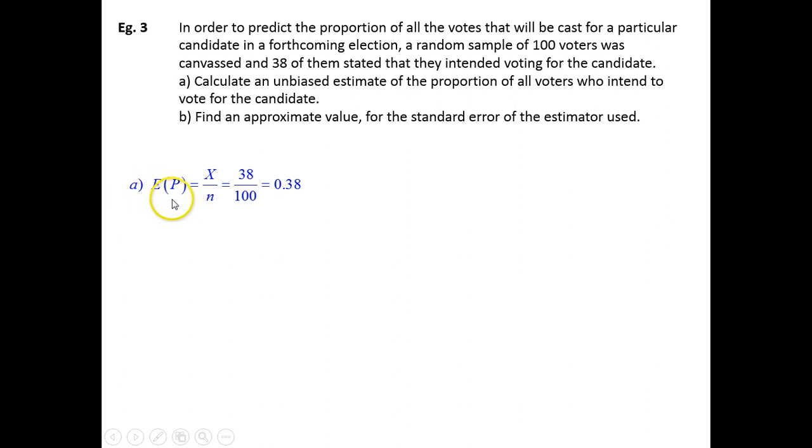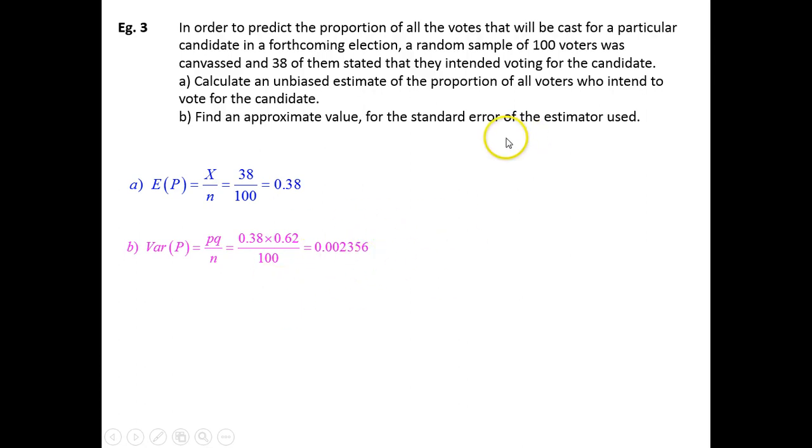So the expected value of P would be 38 out of the 100 possible, so 0.38. Our variance would be PQ over n. So P is 0.38 times 1 minus that, 0.62, over 100, giving us that value.